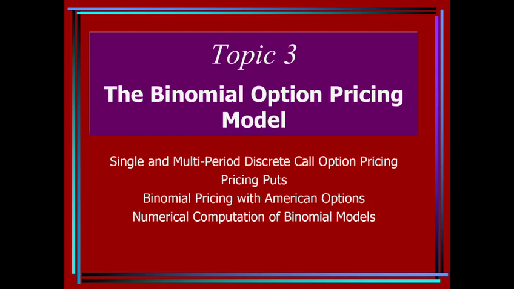It depends on whether there's value attached to that ability to exercise early. If not, then both calls would be about the same price. However, for an American put it's different, because there's always a situation where you want to exercise early. So an American put can tend to be more valuable than a European put. We'll look at all of that in today's pricing model as well.